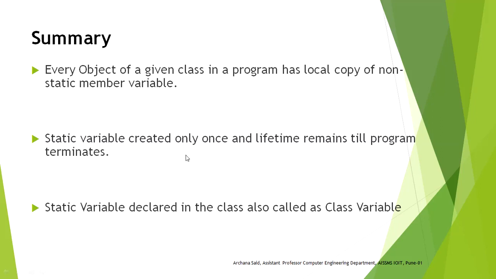For the particular instance, the local copy is maintained. That's why the non-static variables are also called instance variables, whereas, as we have seen through the programming example, the static variable is created only once, and the reference we are giving outside the class also, so that the public static variables can be accessible without using object. That's why it is also called a class variable.